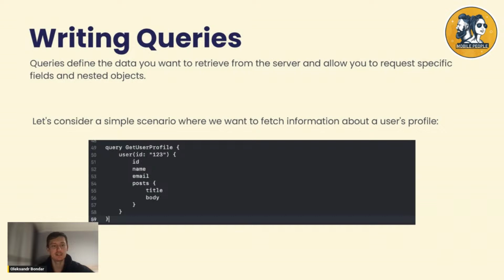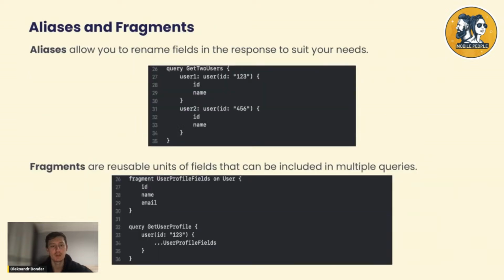Additionally, there is an extra feature, as Volodya mentioned: skip. For example, we define a skip argument and pass a variable, true or false. And we also have another argument, include. We can pass true if we want to include or not include some field, to configure it.